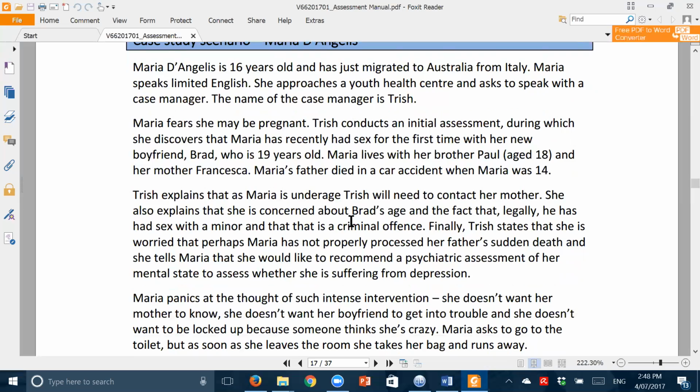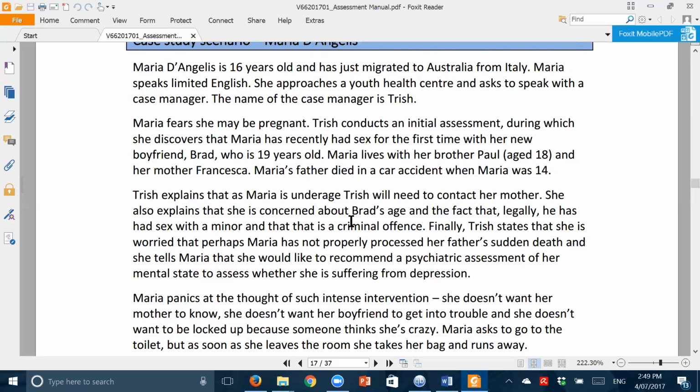Somebody's recommending a psychiatric assessment, but you might need to help Maria understand why that is just something to help her cope, that she might be able to get a referral to talk to somebody to help her work through her problems, and word it like that rather than saying you will be getting shock therapy and a medication regime that will seriously inhibit your life.